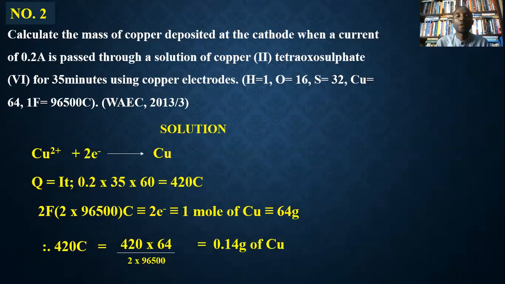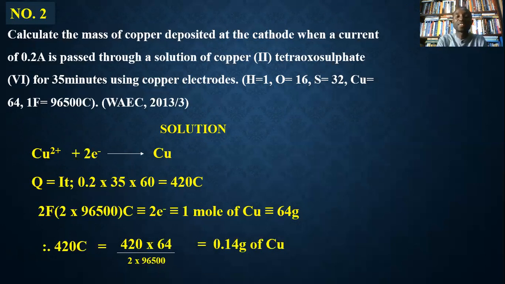Copper 2 means 2 Faradays, 2 electrons. You bring the formula Q equals IT; the current is 0.2, and the time is 35 minutes times 60 seconds. You multiply it through, and you find your number of coulombs.